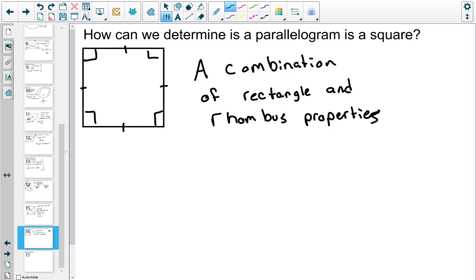Instead of saying 4 sides are equal and all angles are 90 degrees, let's say you know that the diagonals are congruent to one another, as they would be in a rectangle, but you also know that they meet at 90-degree angles, making them perpendicular, which is akin to the rhombus. So in that case, you can say it's a square. The square is a little bit harder to narrow down than the other two because you have to find a combination of those properties. But if you know your properties well from the others, this shouldn't be too difficult.